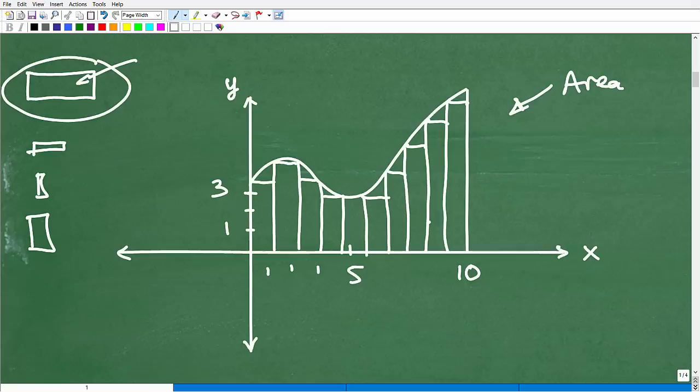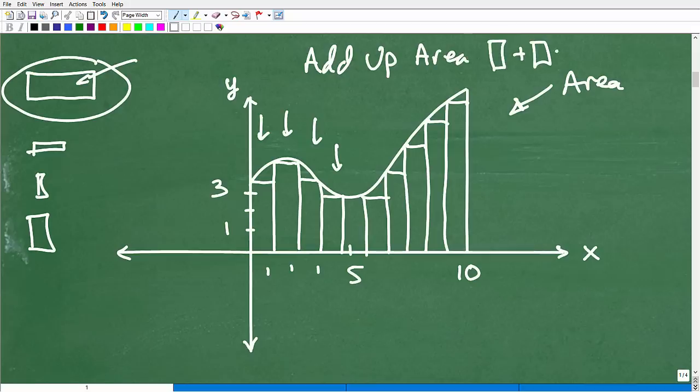Now this is a better estimate than what I just showed you, okay? I would just have to add up this rectangle, this rectangle, this rectangle, that one, all these rectangles. If I add up the area of all the little rectangles, I will get a really good estimation of my little squiggly here.